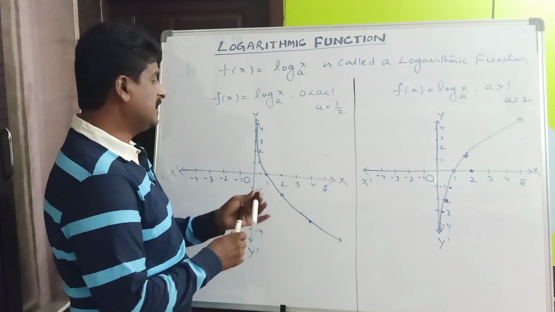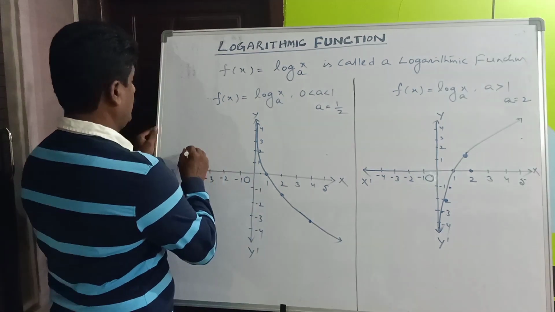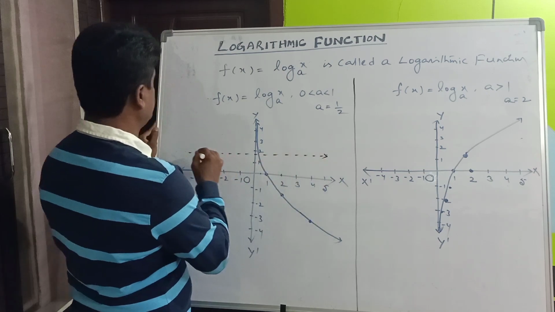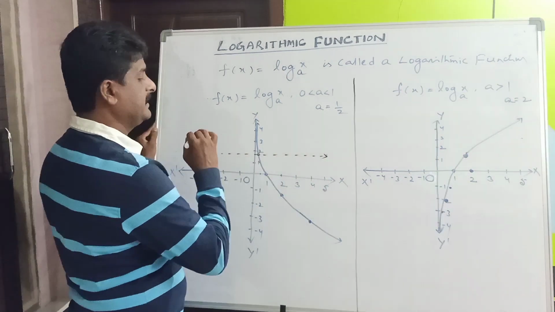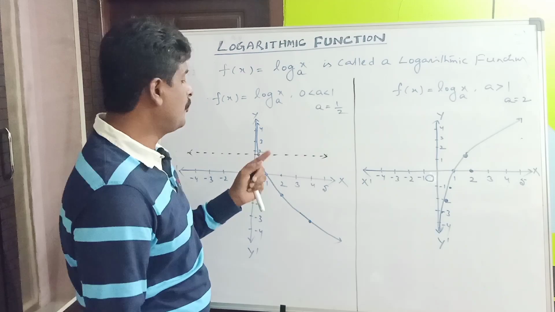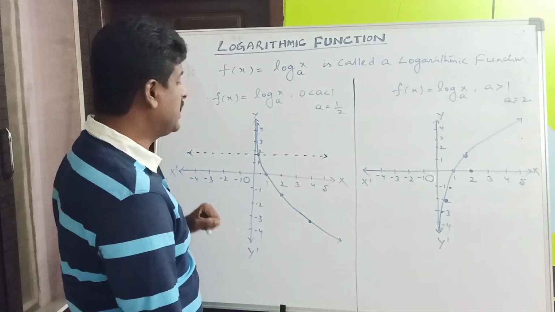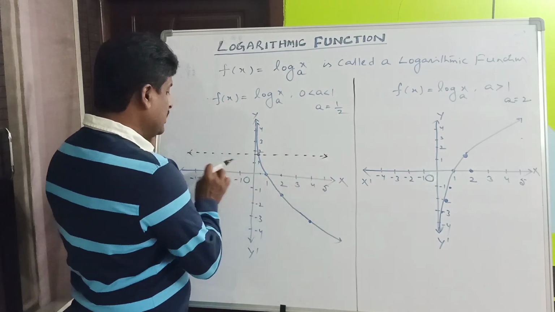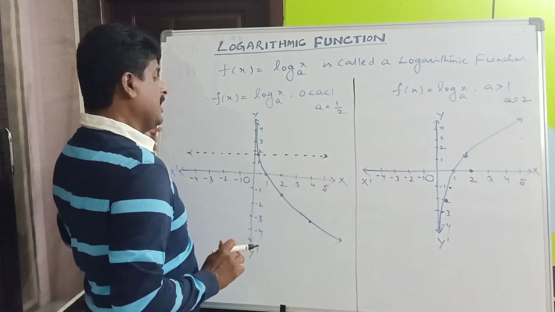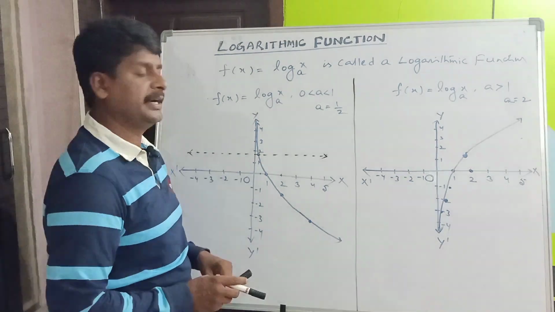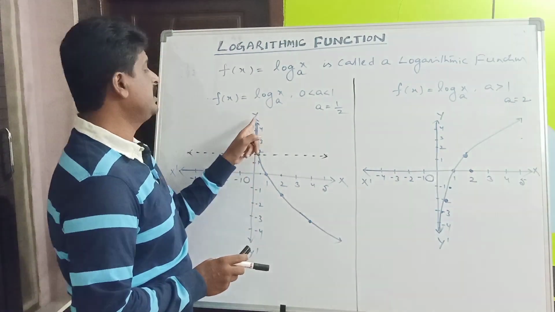One-one nature can be decided by drawing a line parallel to the x-axis. As it is intersecting the graph at only one point, it is always a one-one function. And observe the domain, which means for what values of x the function is defined. At 0, the function is undefined.